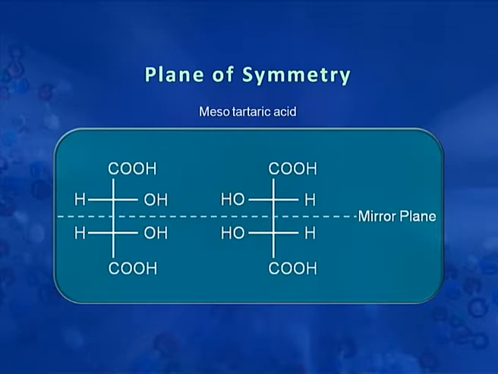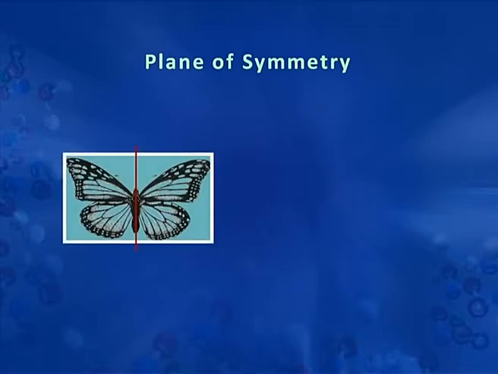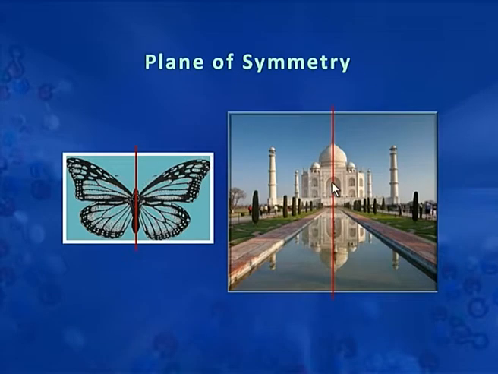We find this plane of symmetry not only in organic molecules but in many objects that we see around, like a simple butterfly. We see that in this butterfly one half of the body and the wings is identical to the other half. Similarly, a very famous monument, that is Taj, is also very symmetrical. One half of the monument is symmetrical to the other half.